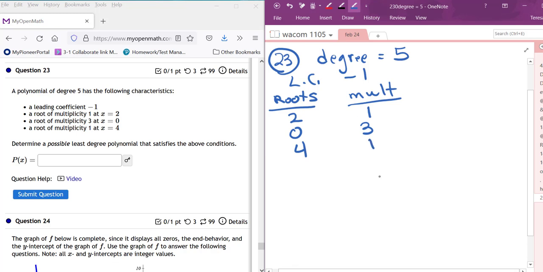All of these are odd, so it's going to cross at every one. All right, but that's not what it's asking us. Anyway, that's extra information. It's just free.